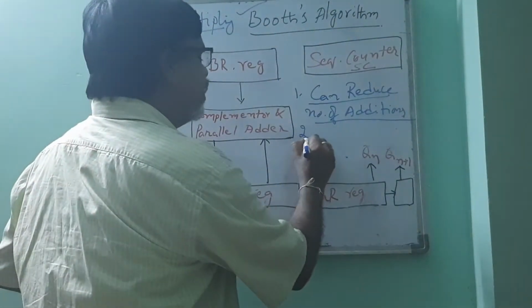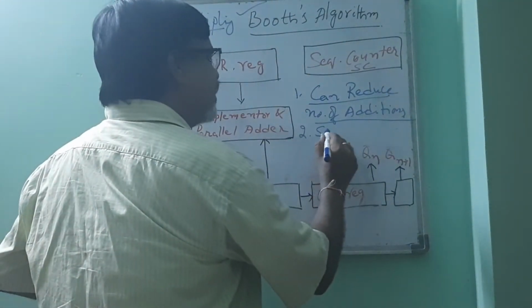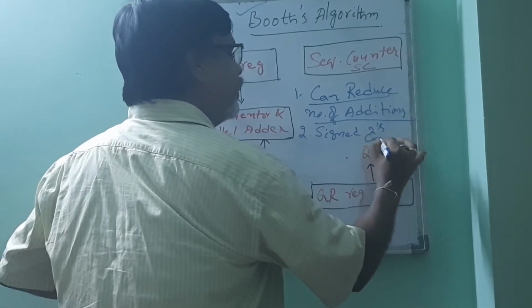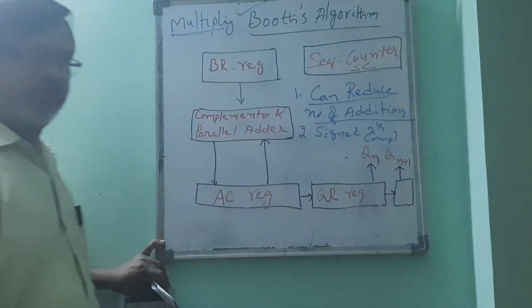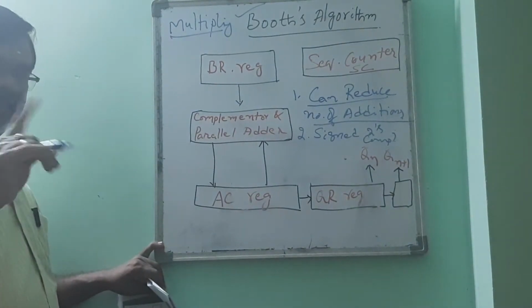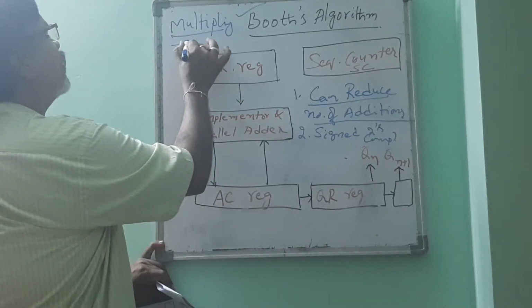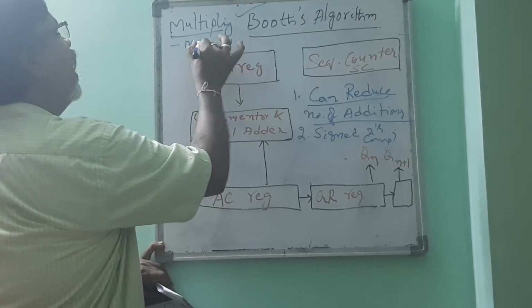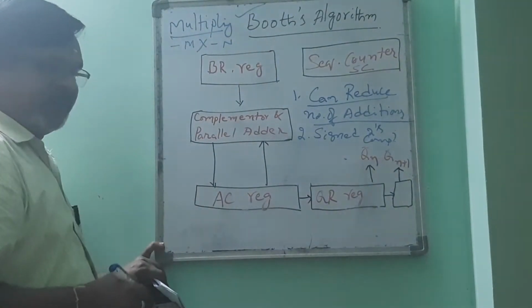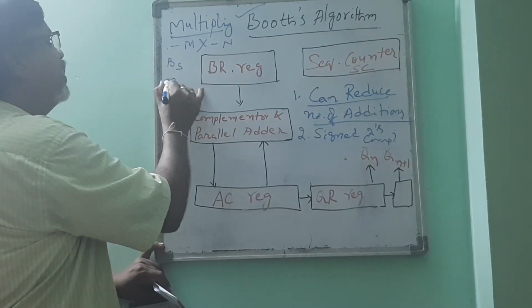And the second one is that by using Booth's algorithm, we can represent signed 2's complement multiplication also. Previously, when there were two values, minus m and minus n, and we wanted to multiply them, we checked two sign bits, represented as bs and qs.